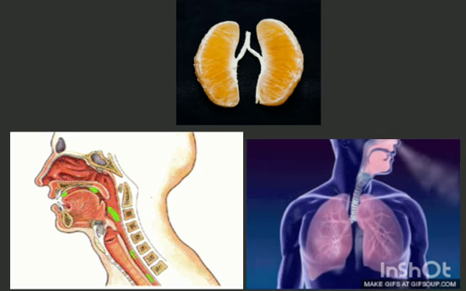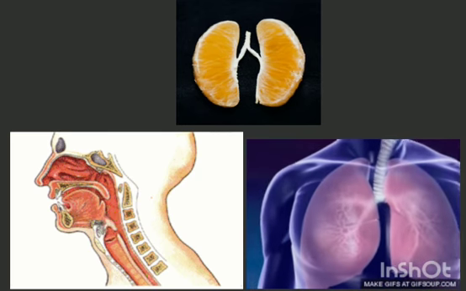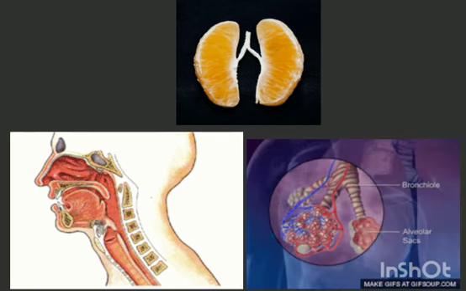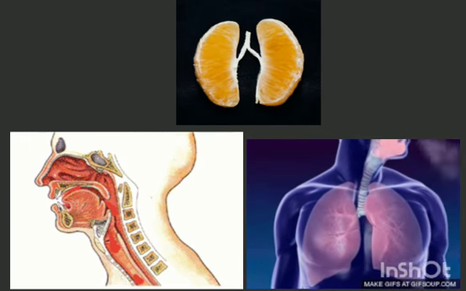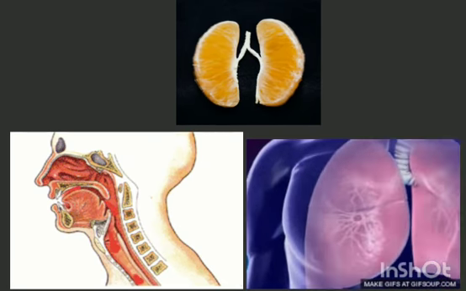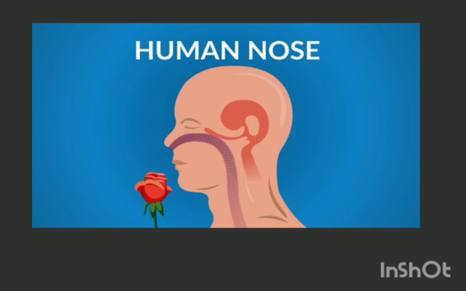We know that the lungs are present in the chest cavity, which is surrounded by ribs on the sides. The ribs form a cage-like structure called the rib cage. A large muscular sheet called the diaphragm forms the base of the rib cage. The diaphragm contracts and relaxes all the time.